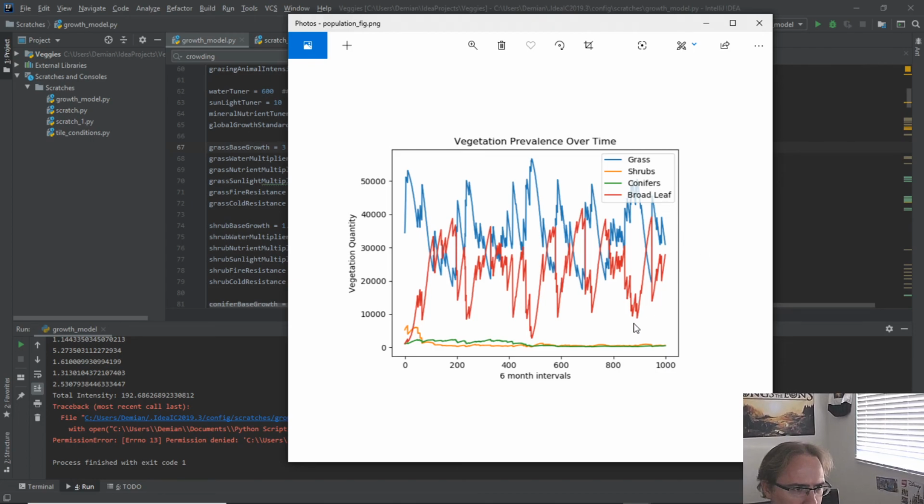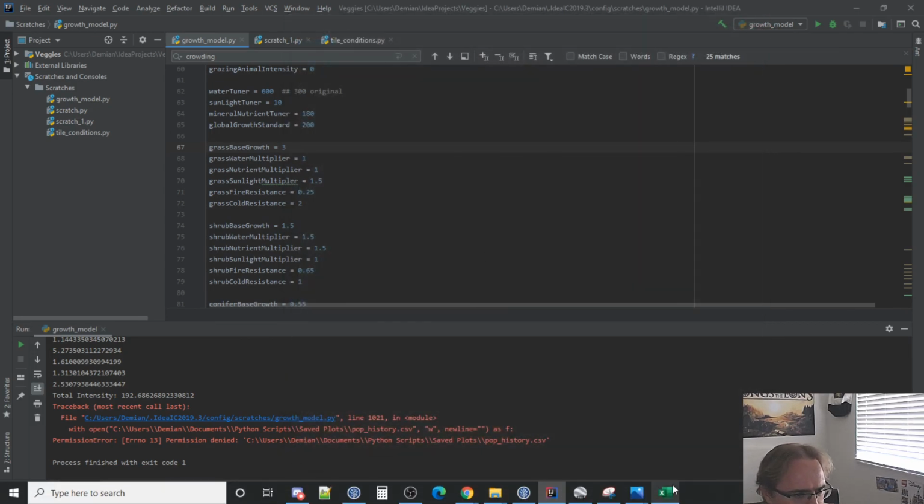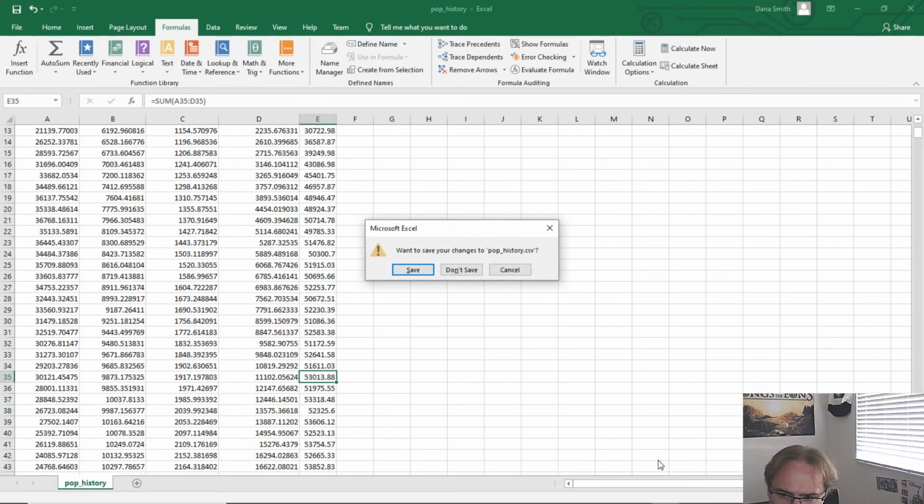Instead, we're just getting... I mean, this is appropriate for like the Sahel, for a savanna, perhaps, but it's still too wild. It's still much too wild. Final succession.